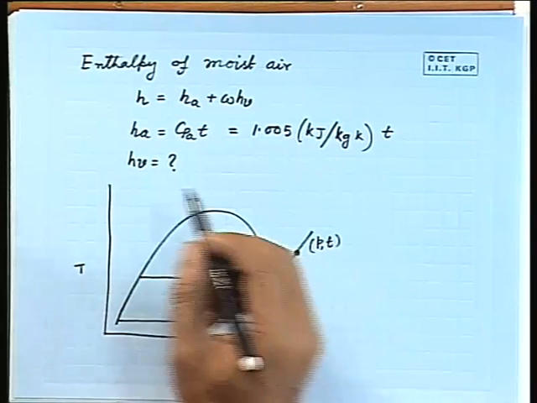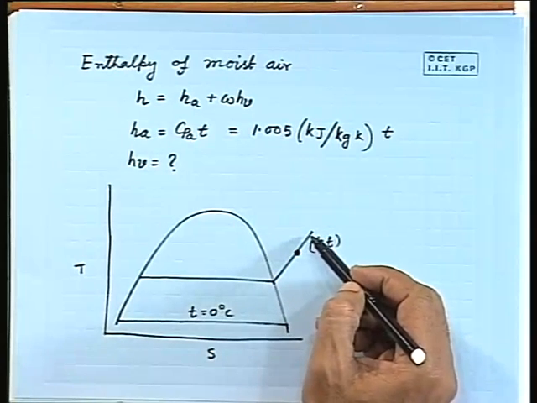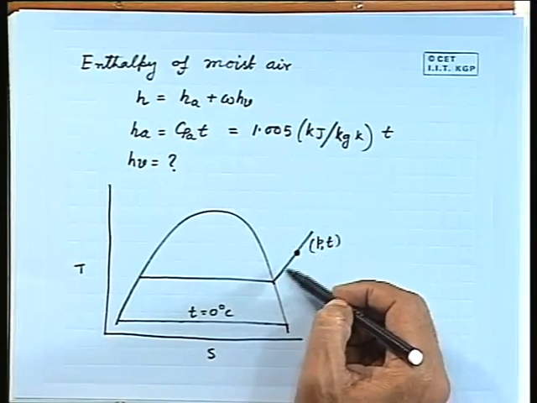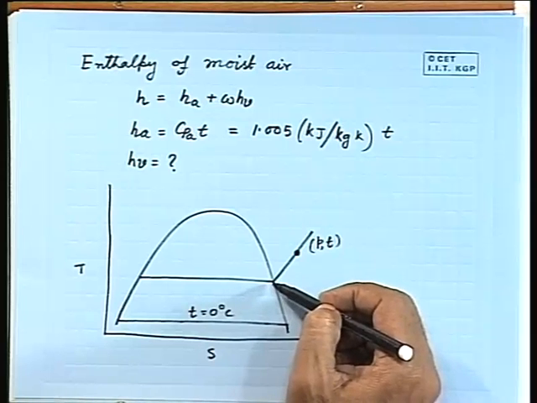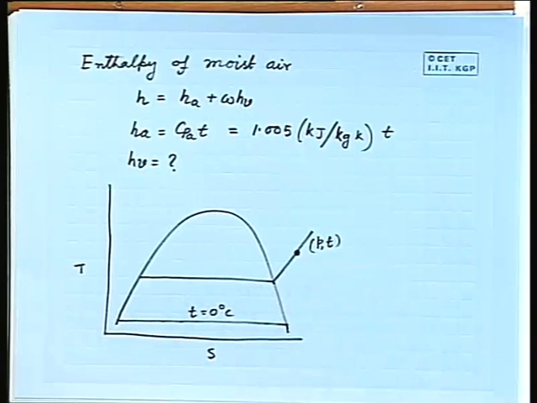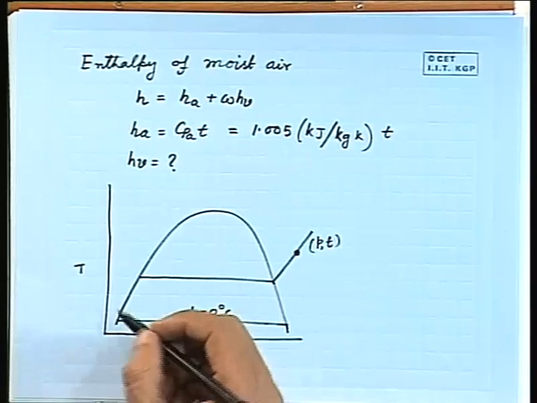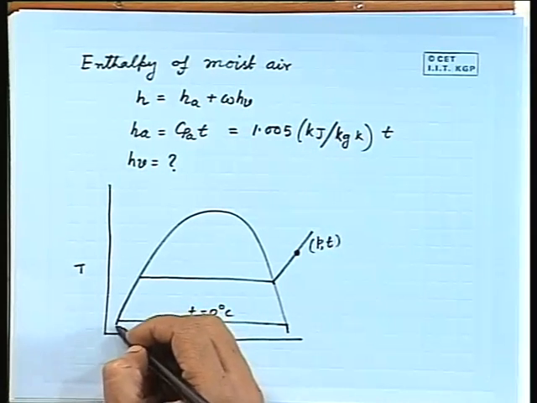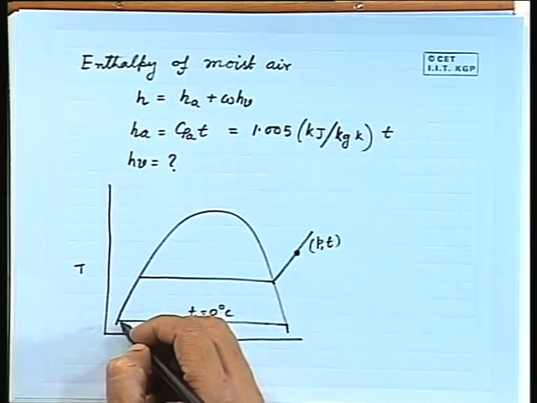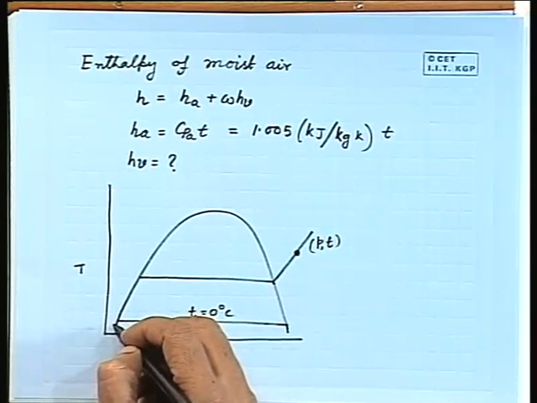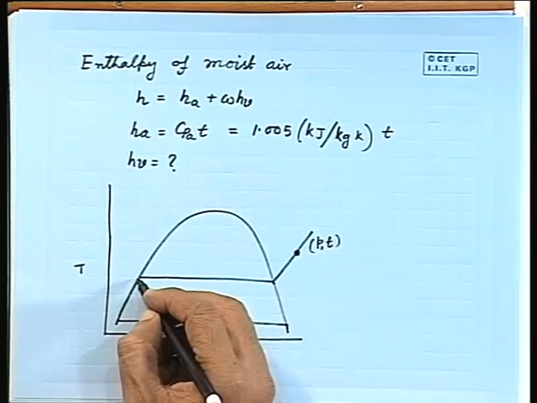Because if the sample's temperature is reduced keeping the pressure constant, it will condense at this point. So the moisture in the sample, initially at 0 degree Celsius, has its temperature raised to its dew point temperature.